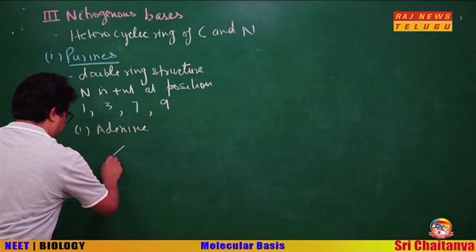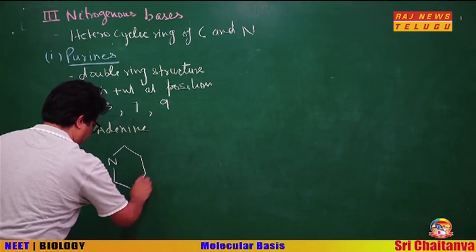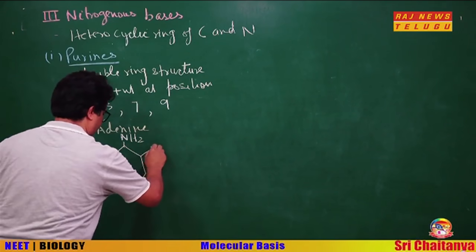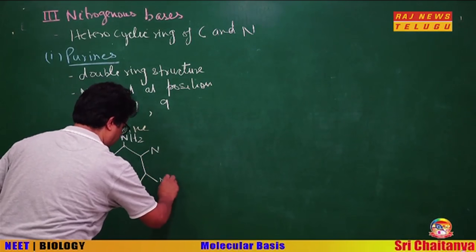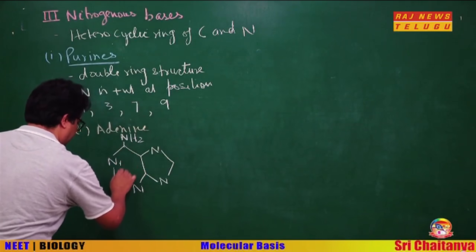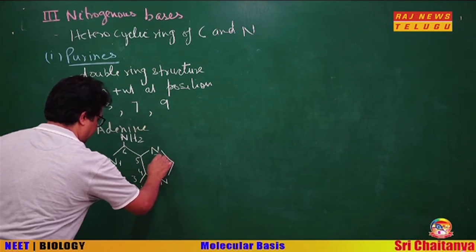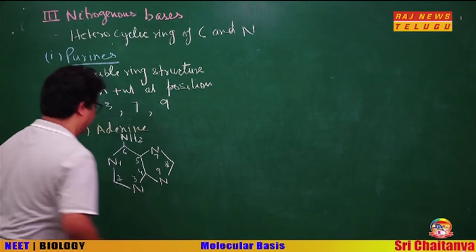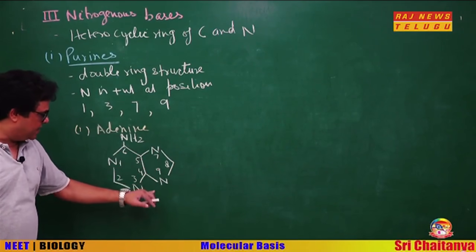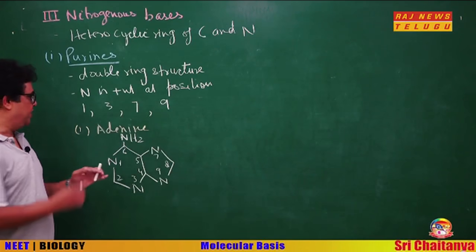See, 1, 2, 3, 4, 5, 6, 7, 8 and 9. So you see nitrogen is present at position 1, 3, 7, 9 and at position 6 amino is present, that is why it is also called 6-amino purine.